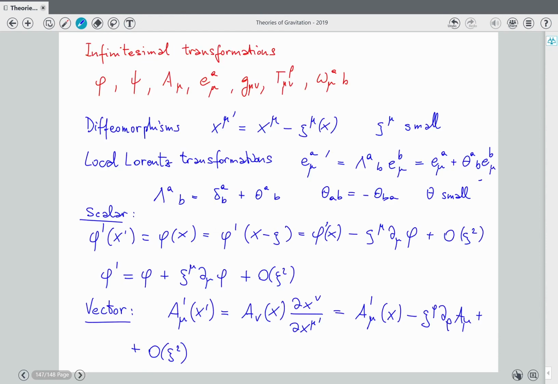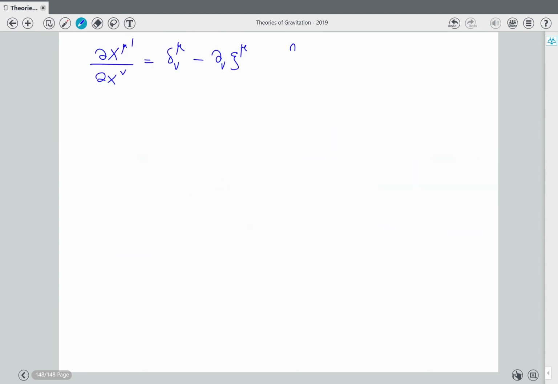What is the inverse? We want the inverse, the partial x nu over partial x rho prime, is the matrix that, plus higher orders, of course. So the inverse is the matrix that gives 1 when you multiply this with that, with itself.